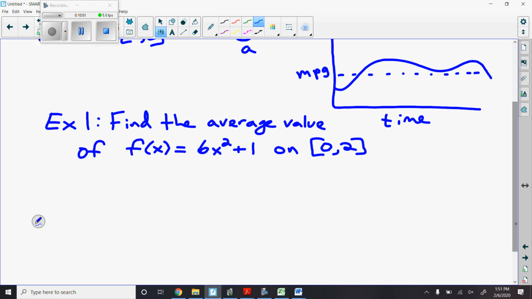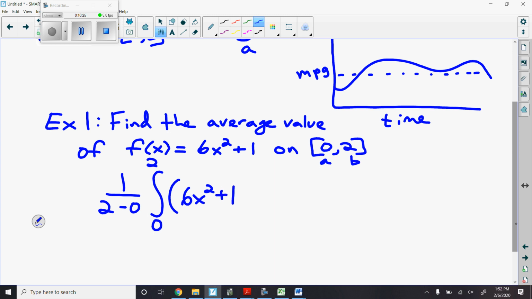So again, when we think about this, 0 is like my A, 2 is like my B. I can get my solution by doing 1 over B minus A times the integral from A to B of f of x dx. The solution to this expression here will give me the average y value, right, the average f of x value on the interval 0 to 2.